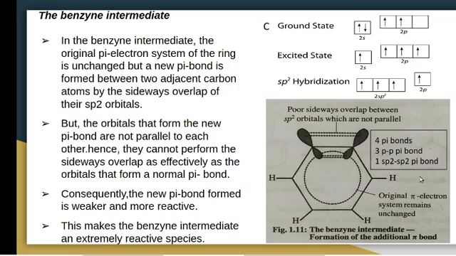So benzyne intermediate is formed in the first step of the elimination addition mechanism. That means in the elimination step, benzyne intermediate forms. Since it is highly reactive, it undergoes nucleophilic addition. That is in the second step.